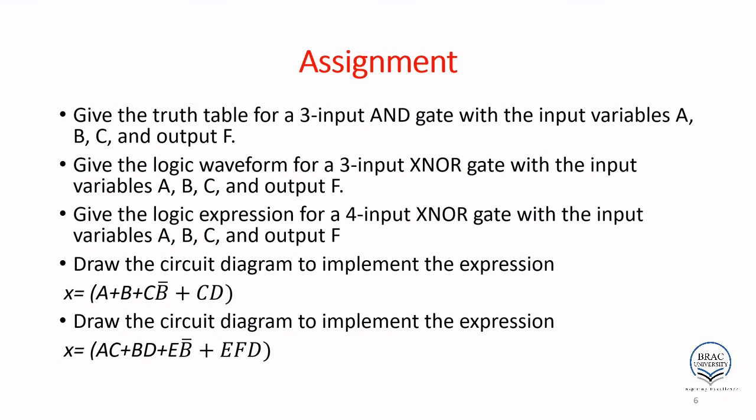And here in between AC and BD you need one OR gate, BD and EB prime another OR gate, EB prime and the last term another OR gate. Just look at the expression carefully and determine whether you need an AND gate or an OR gate, and you may need the inverter as well. Just be careful about it. I think it will be very easy for you to draw the circuit.